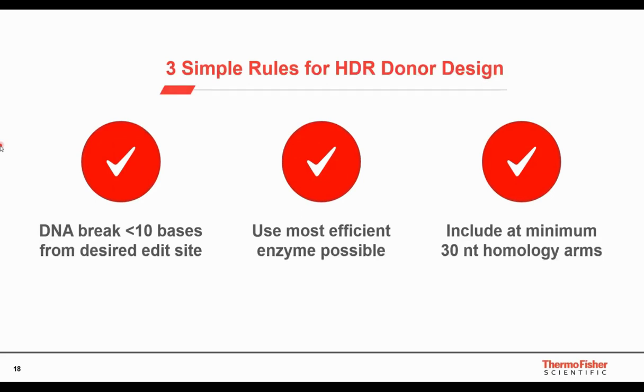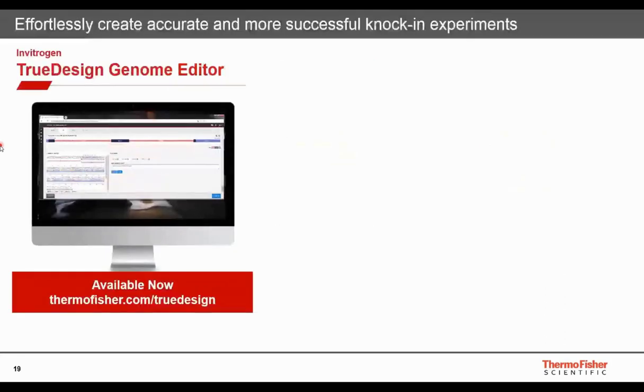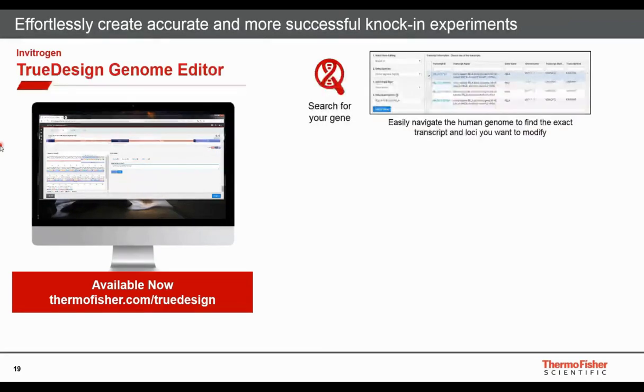And so with these 3 simple rules, we wanted to make this accessible and effortless for scientists to use these rules for designing various donors. And so what we did is we developed a new platform that we're calling our TrueDesign Genome Editor that's now available on thermofisher.com.